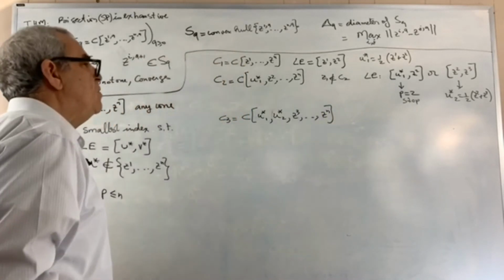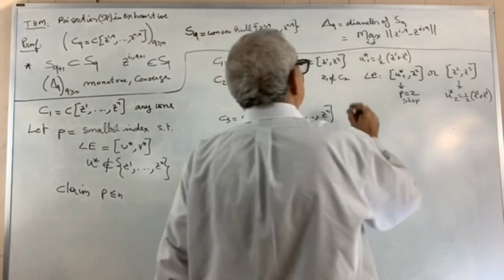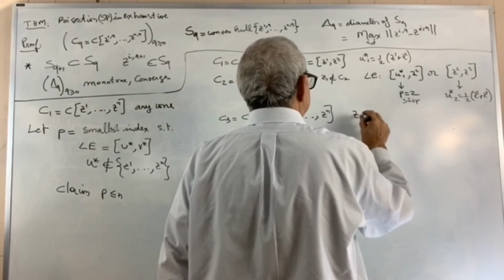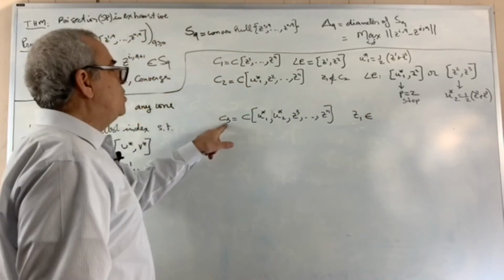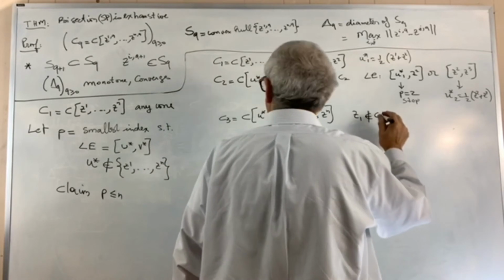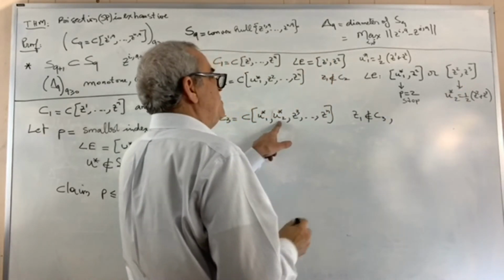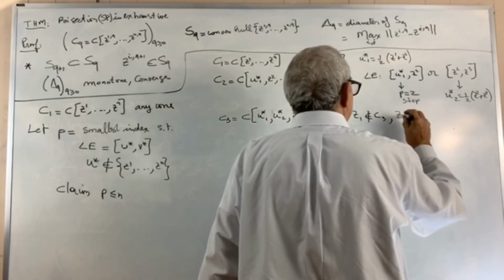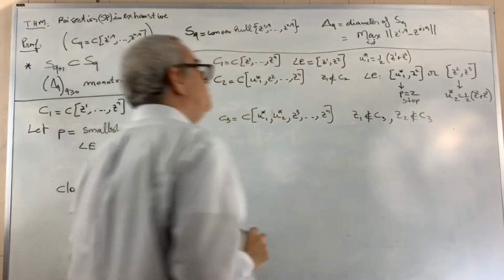Okay, that's my cone C3. So in this case, Z1 is not in C2, which contains C3, so Z1 does not belong to C3. And of course, Z2, which I replaced here, does not belong to C3. All right?